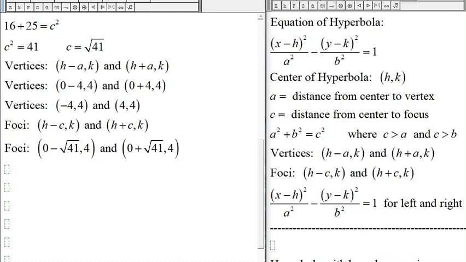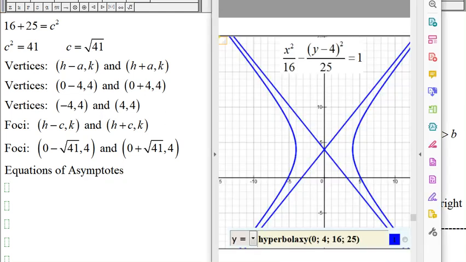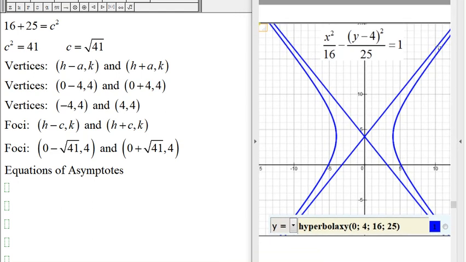And then the equation of the asymptotes. Once again, these two diagonals right here are called the asymptotes.